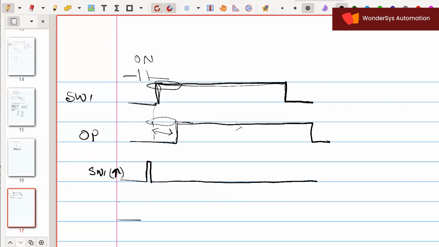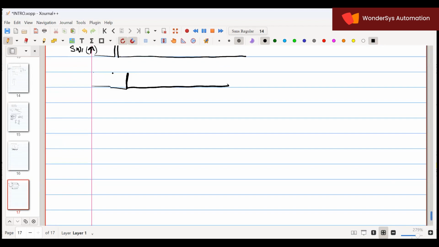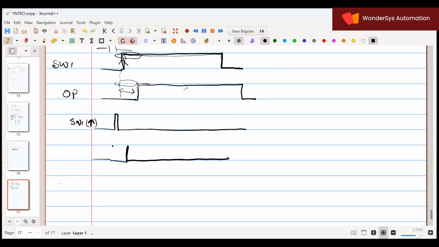But this positive edge gets a peak only at this rise condition, correct? It will not take that. Therefore, the output will get on and immediately it will get off. We can't see it with our bare eyes because this process will happen in nanoseconds. But if I take the same thing to a set output, I'll take it to a set output.